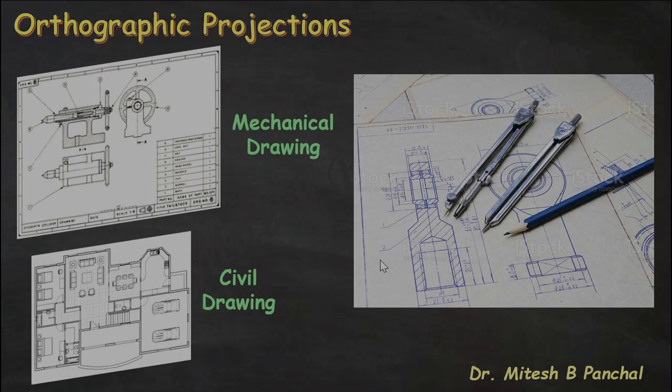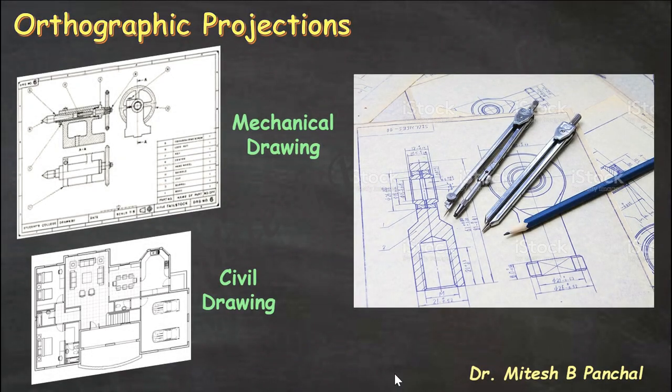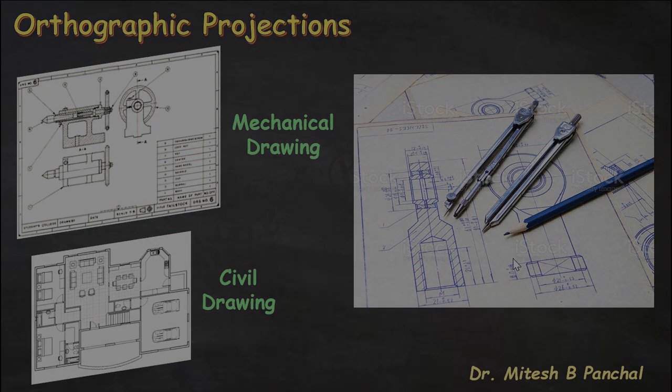So ultimately, using the orthographic projection, we can prepare a blueprint or the engineering drawing of any engineering product, which ultimately defines all the specifications and all the information like material, its machining process, the surface finish required. All this important information related to any engineering product is specified in its engineering drawing.